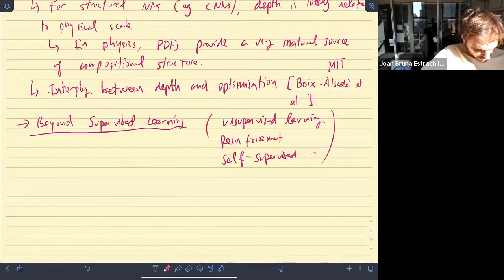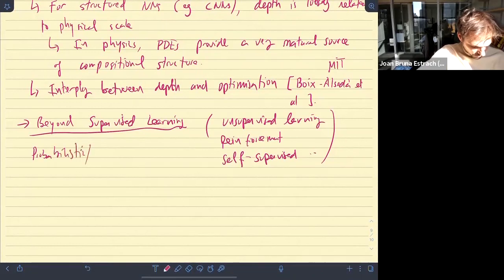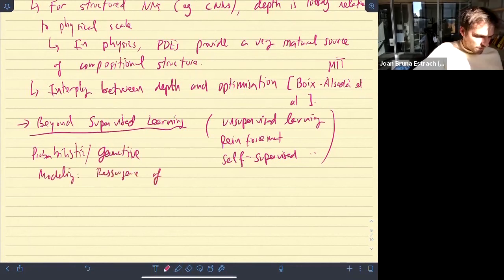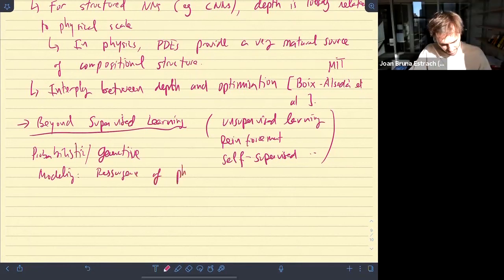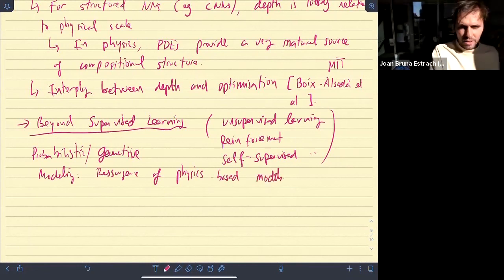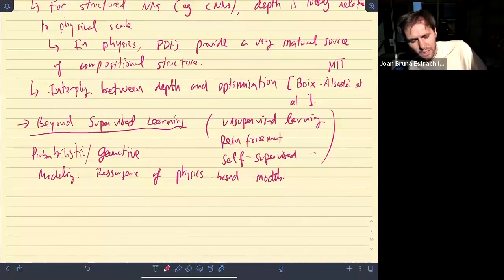Again, there's an interesting thing, because in the particular case of probabilistic, generative modeling, there's currently a resurgence of physics-based models, right? Models that try to exploit fundamental physical principles.